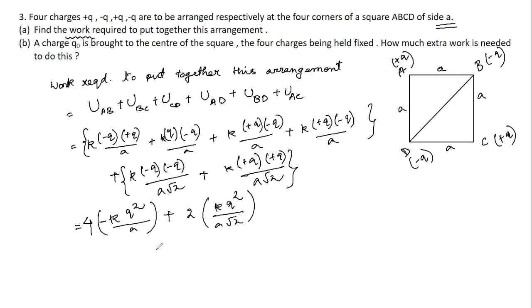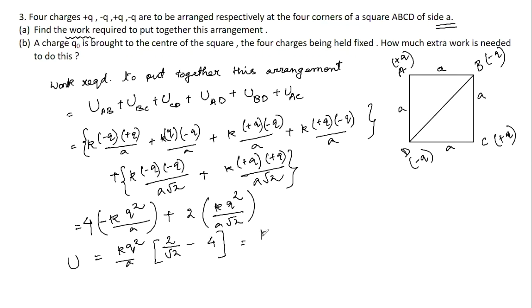If you take K Q square by A common, you will find 2 by root 2 minus 4.